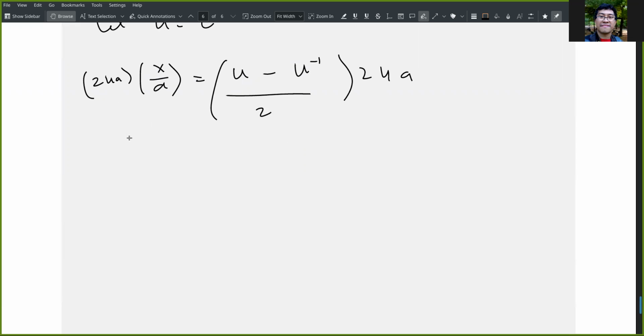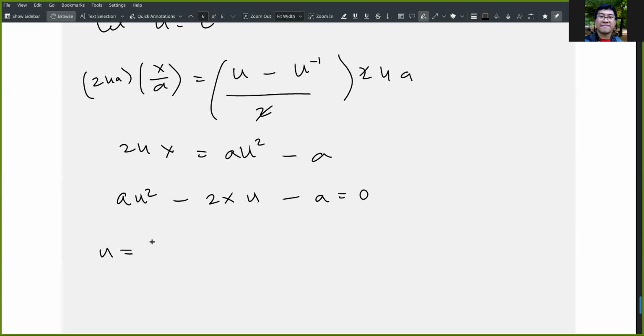So you have 2ux, 2 and 2 cancel. So you have a u squared minus a, so you have a u squared minus 2xu, x being just some number, minus a equals 0. Okay, so we're looking for u.